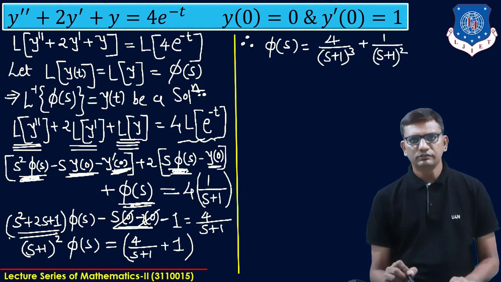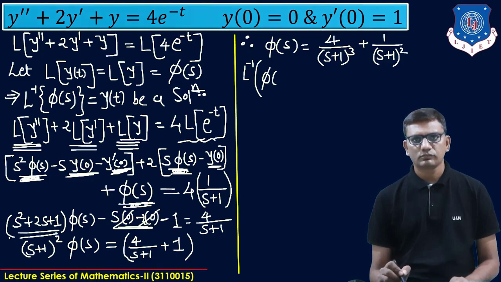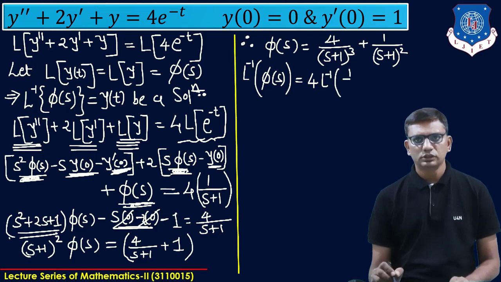Now we will take the inverse Laplace of both sides. Then we get inverse Laplace of phi of s equal to 4 into inverse Laplace of 1 upon s plus 1 whole cube, plus L inverse of 1 upon s plus 1 the whole square.